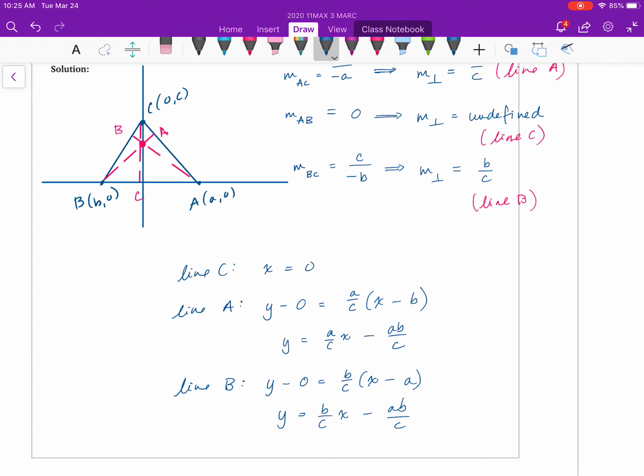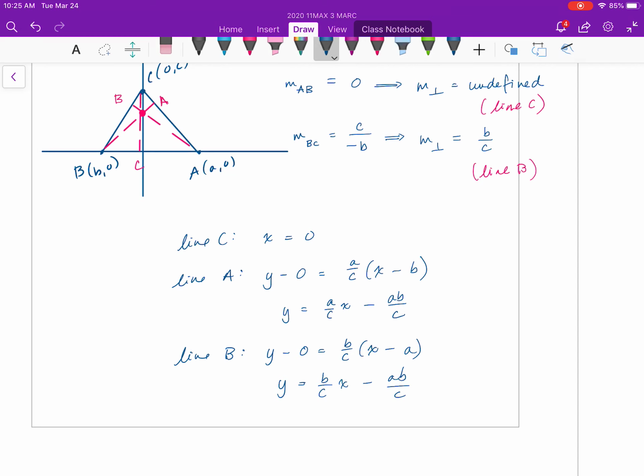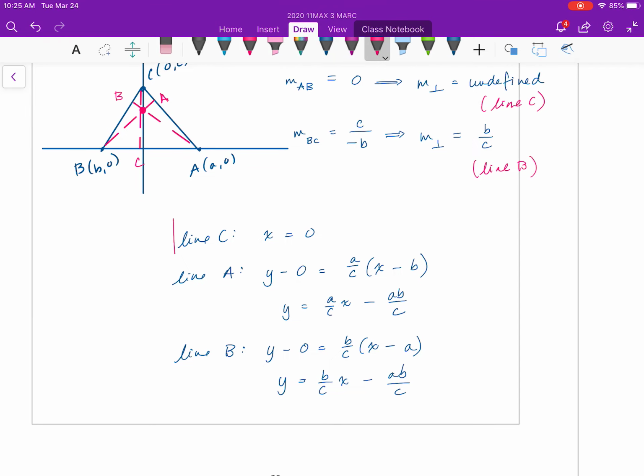So again, remember, we're trying to show where these three lines intersect. We know that line C is the x value, x equals 0.